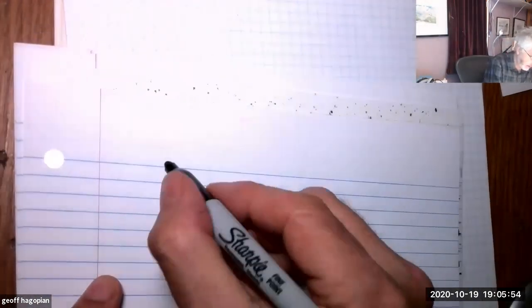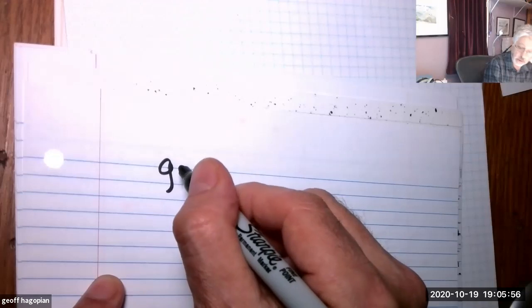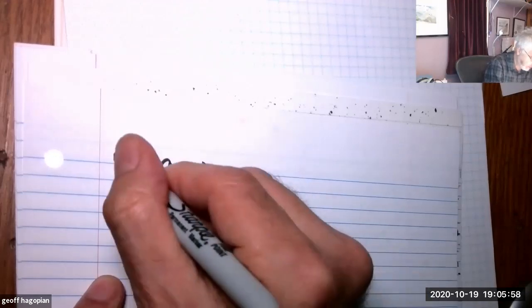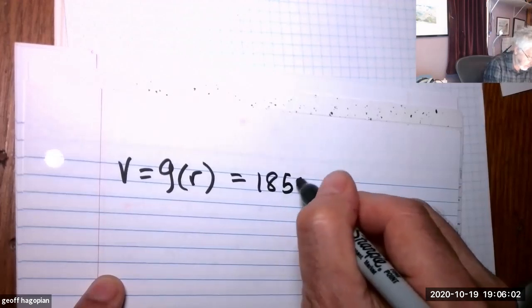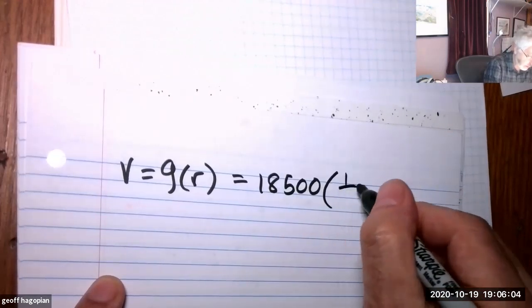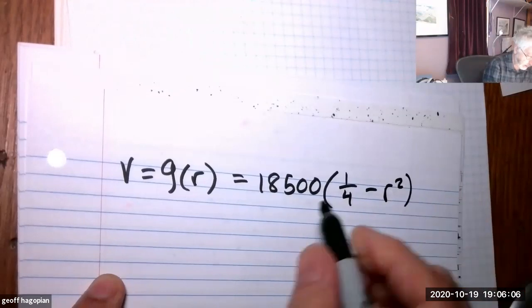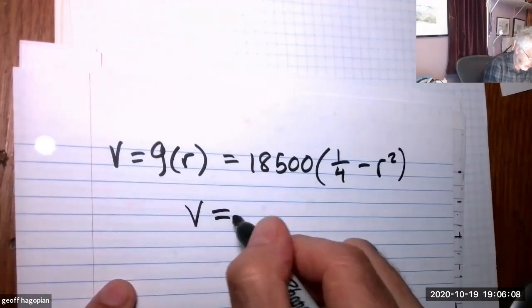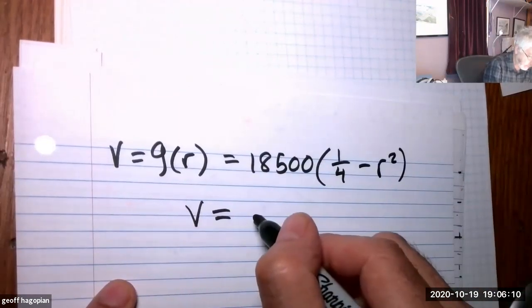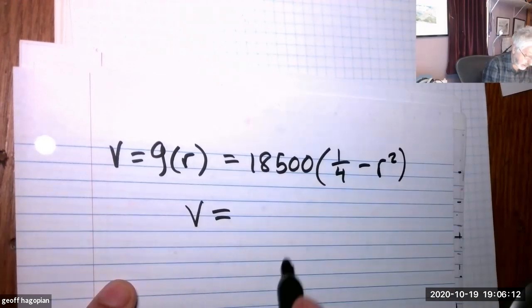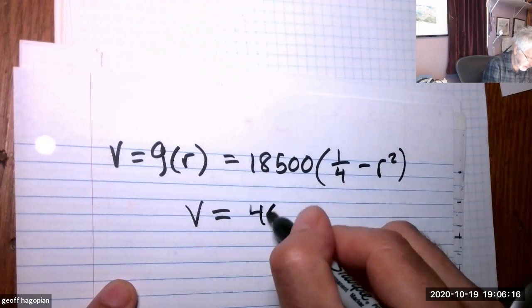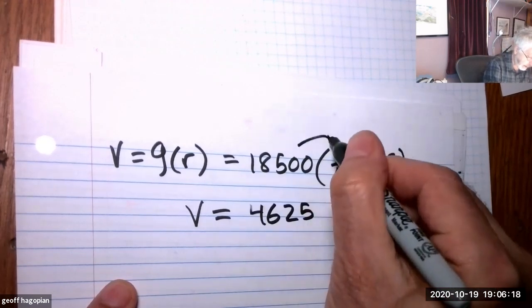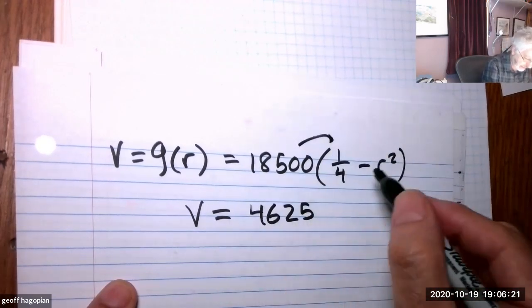Okay, so we have V equals G of R, which is given by the formula 18,500 times a quarter minus R squared. If we expand that, we get V equals 4,625. That's this product. I don't know why I had a negative on that. That was my mistake.